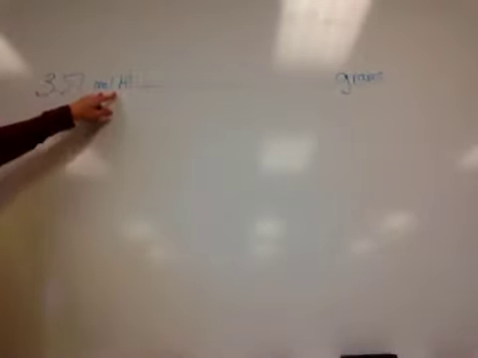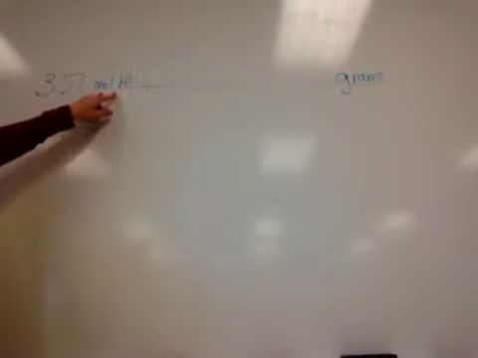Multiply. So everybody grab your calculators. 3.57 times 27, tell me exactly what you get. 96.39. I look at my significant digits, so my answer is going to be 96.3 or 4? 4.